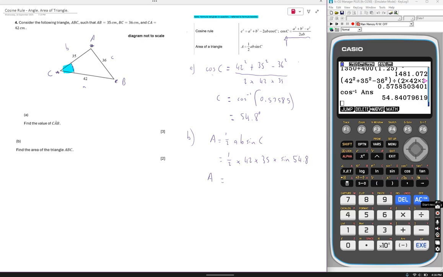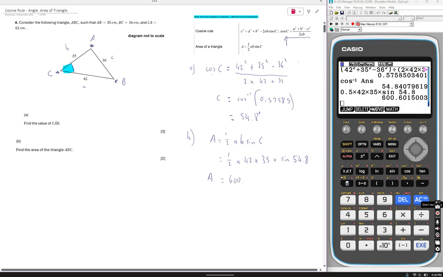Type all that into my calculator. Equals 600.6. Now again, 3 significant figures is the go-to for the IB. So this would be 601.